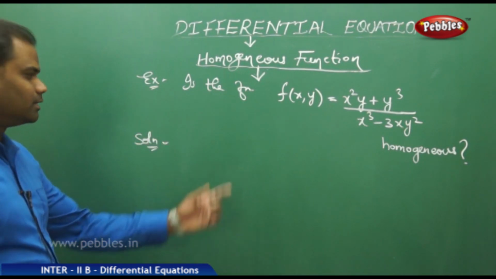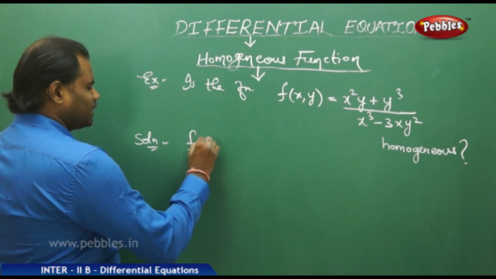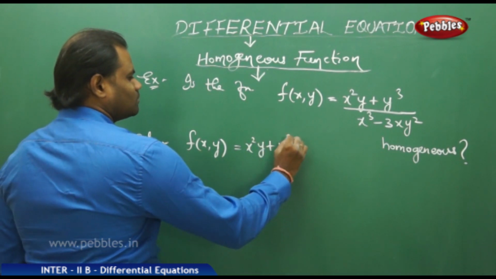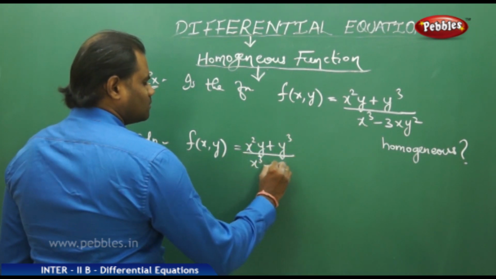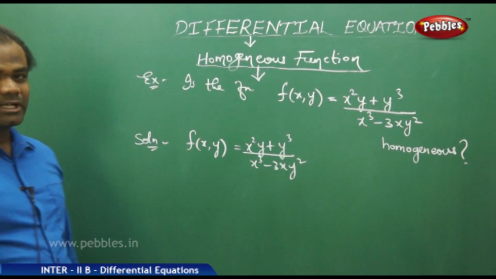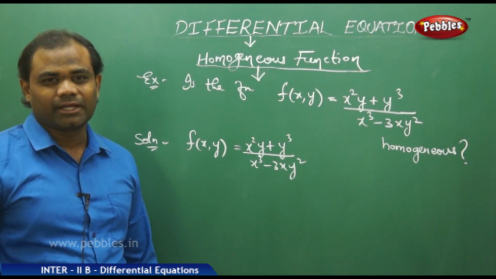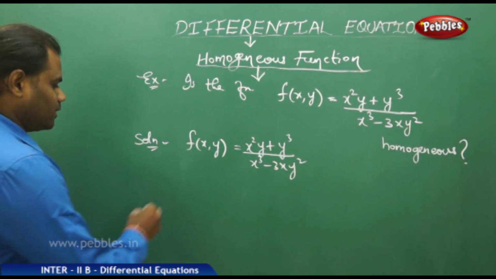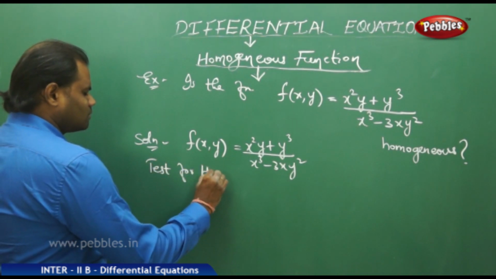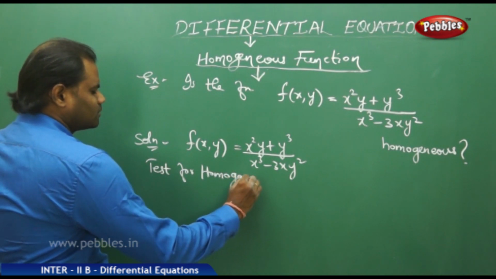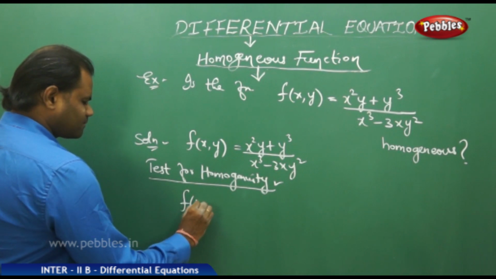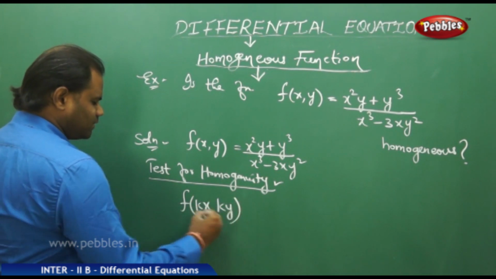So let's test for homogeneity of the function. The given function is f of xy equals x squared y plus y cube by x cube minus 3x y squared. Now in order to test for this function to be homogeneous, I use the test for homogeneity, where I consider f of kx ky.